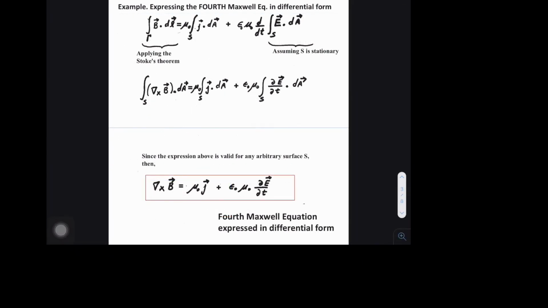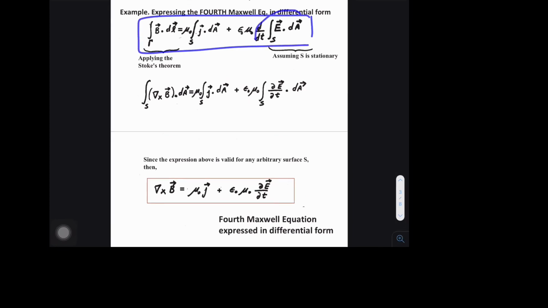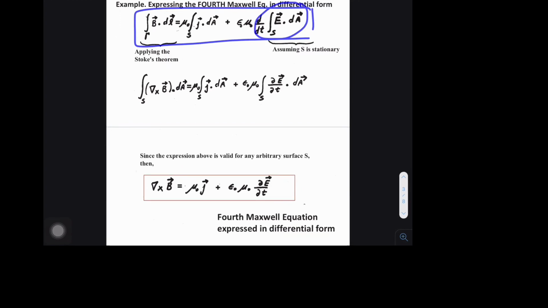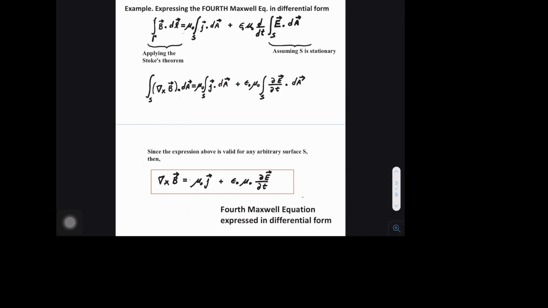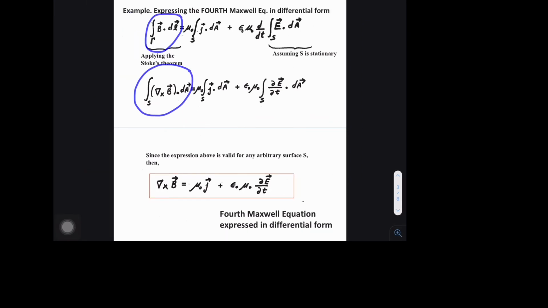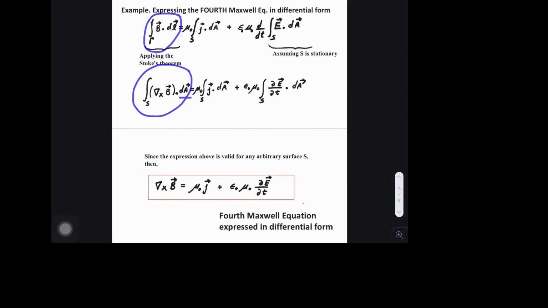So now, this is the fourth Maxwell's equation in integral form, where this is the displacement current and this is the current density J. Now by applying Stokes' theorem, we can write this line integral as the surface integral of the component of the curl of the magnetic field B perpendicular to the area of the loop.